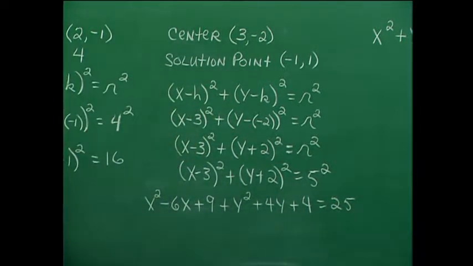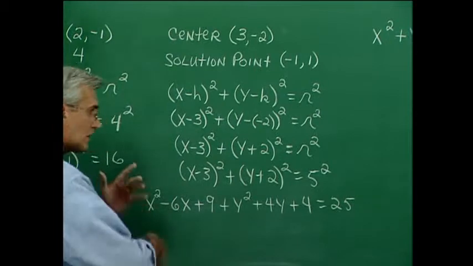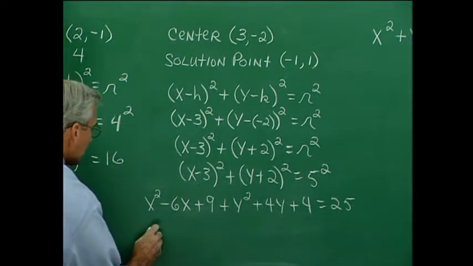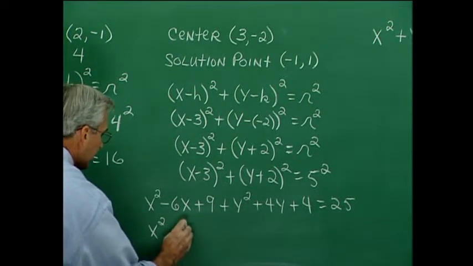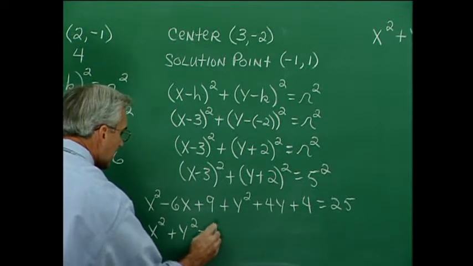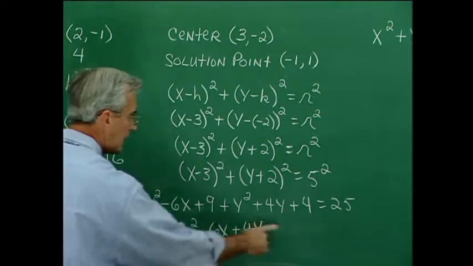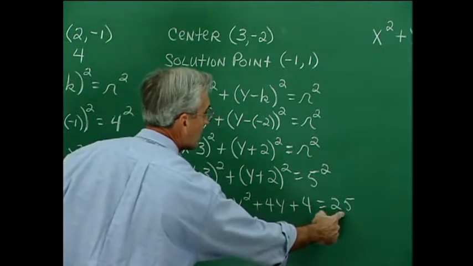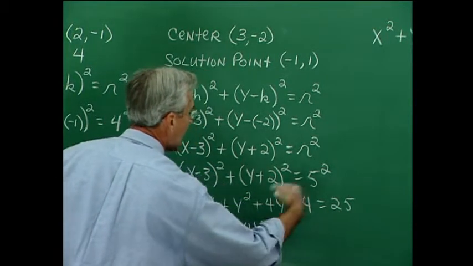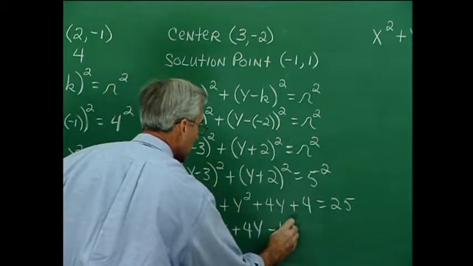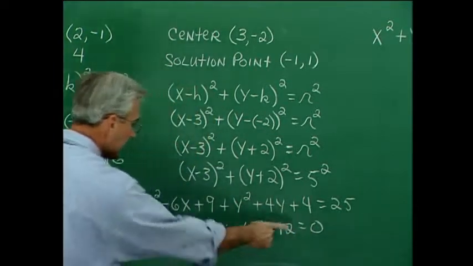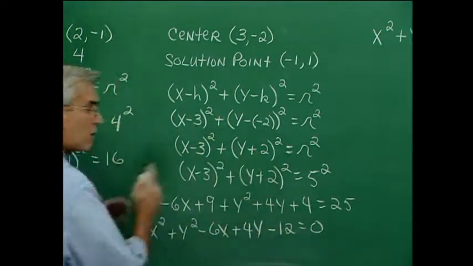And then we could throw all the terms on one side, rearrange a little bit. We could have the terms that are squared written first, kind of like this, and then minus 6x, and then plus 4y, and then the 9 and the 4, that's 13. But if we move the 25 over to the left, we'd get negative 12 equals 0. So here's the general form of the same equation.